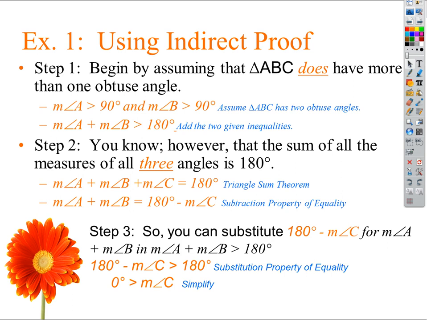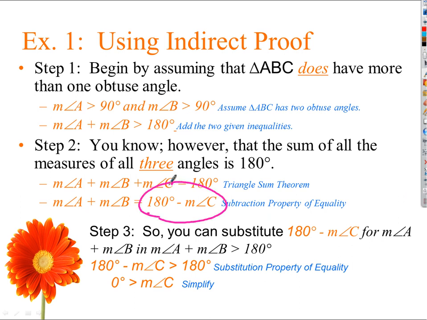So what if I just substitute and see what happens? Because A plus B equals 180 minus C, I plug that in, and I get the conclusion that 180 degrees minus the measure of angle C is greater than 180 degrees.